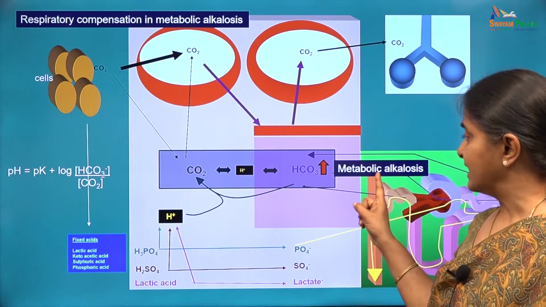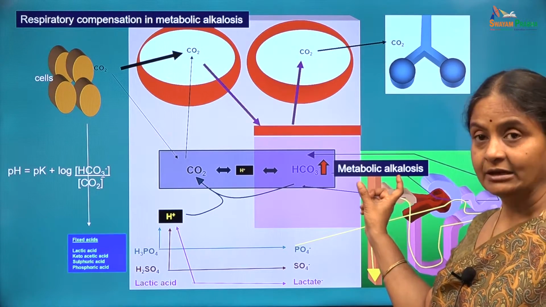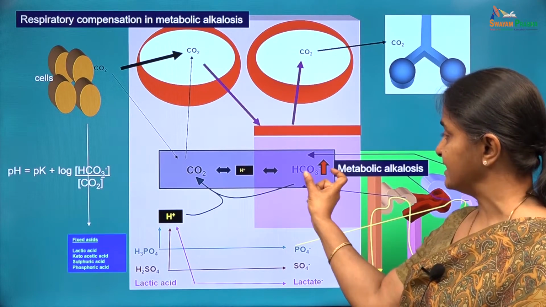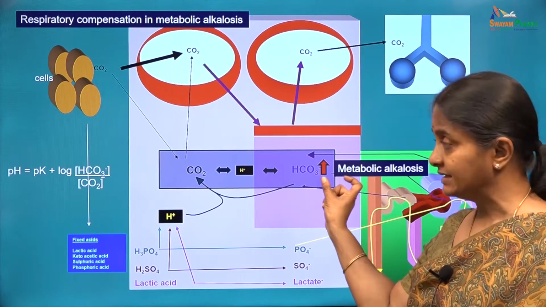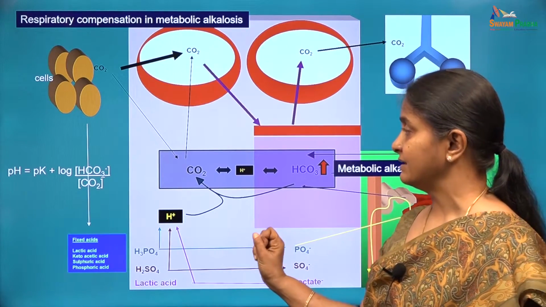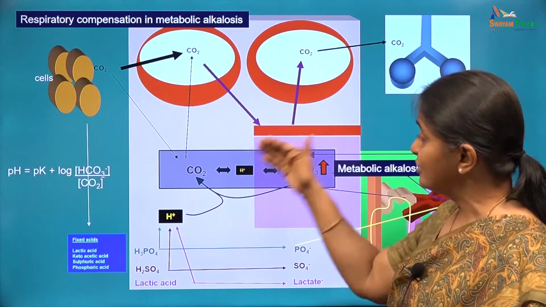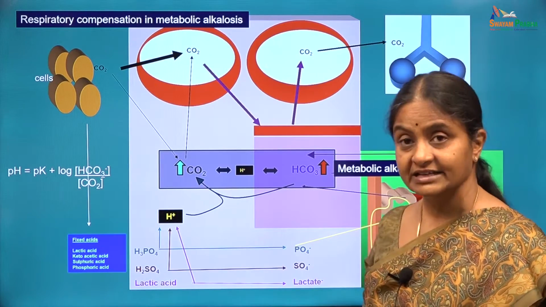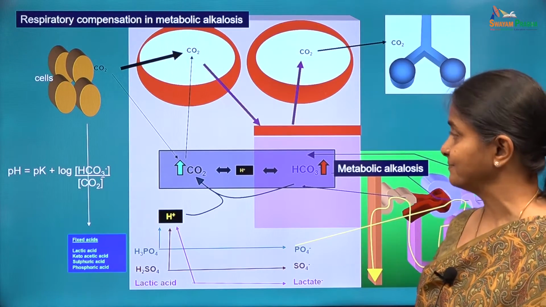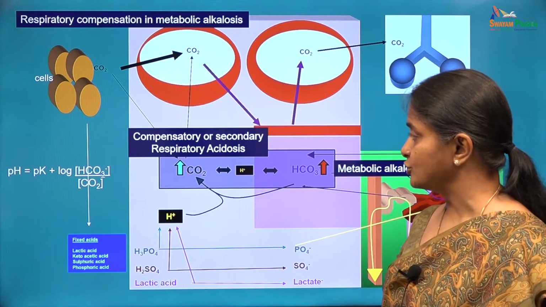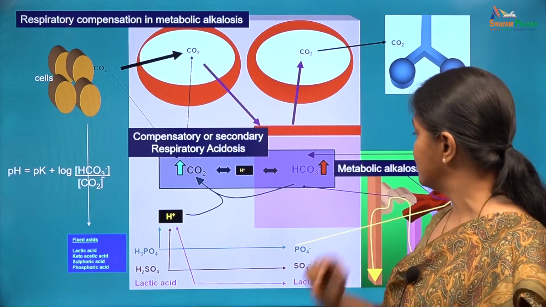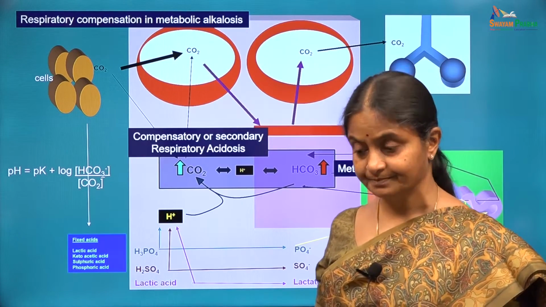In primary metabolic alkalosis, where the plasma bicarbonate has increased due to some reason, again temporary maintenance of pH will be brought about by the lungs withholding some carbon dioxide and increasing carbon dioxide concentration in plasma. This can be thought of as respiratory compensation for metabolic alkalosis.